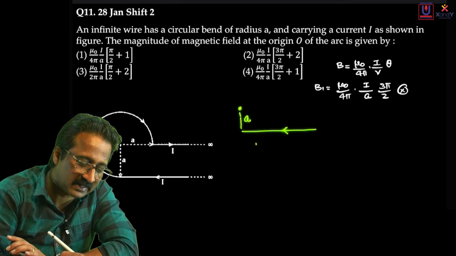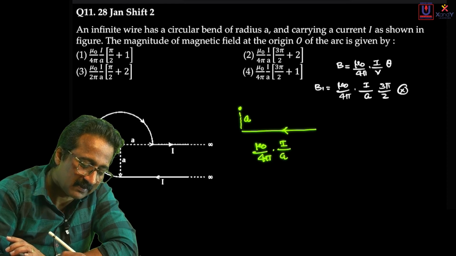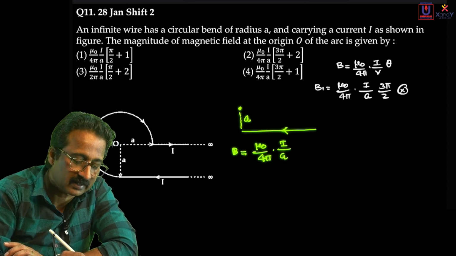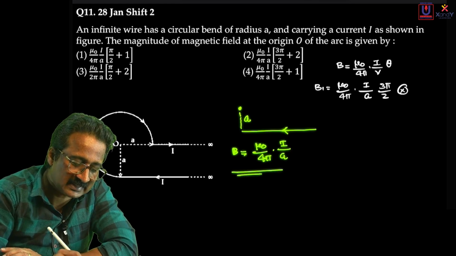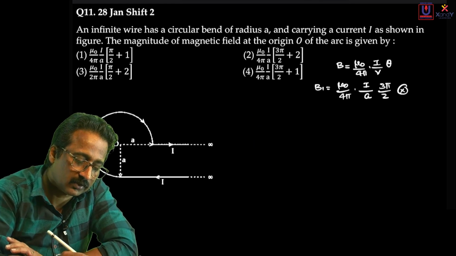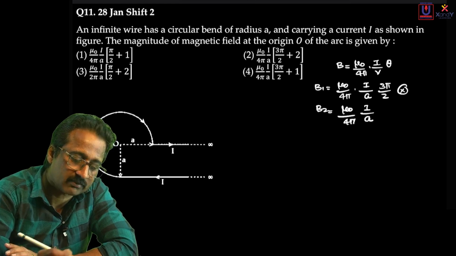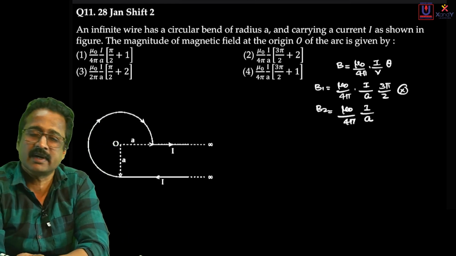Remember, the magnetic field was given to be equal to mu0 divided by 4 pi into just I divided by A. That's the field produced by a semi-infinitely long wire at the edge level. So this is the second field here. Let me use that as B2. So B2, the field produced by the semi-infinitely long part, is mu0 by 4 pi, that into I divided by A. So these are equations you must get by heart.